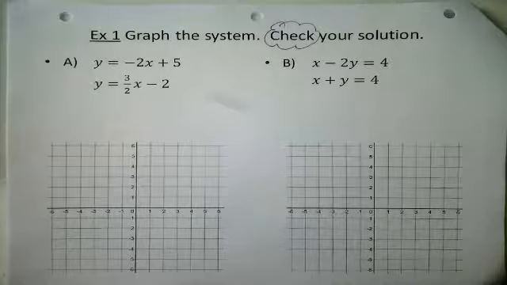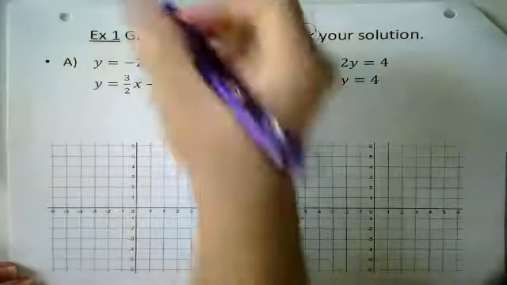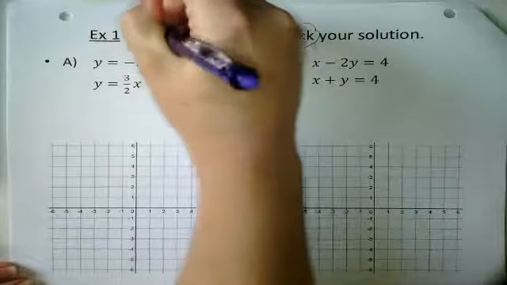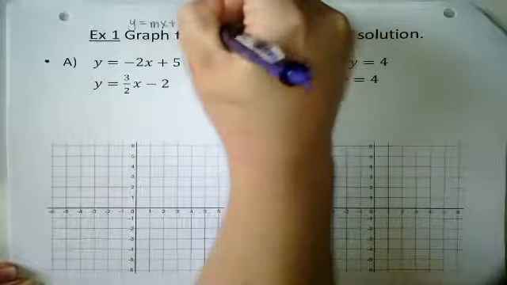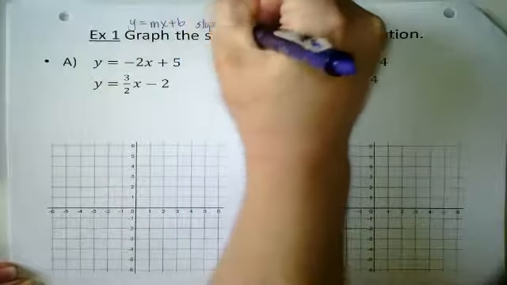If you know how to check an answer, then you can get 100% on your test. As simple as that. So first of all, when we're graphing the system, we want to make sure that we're in y equals mx plus b form, or slope-intercept form.